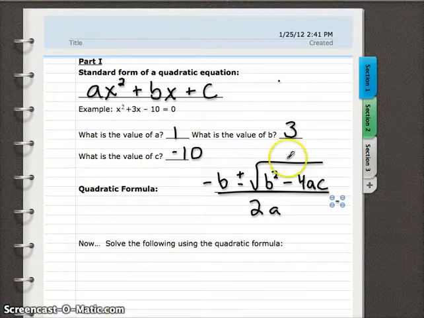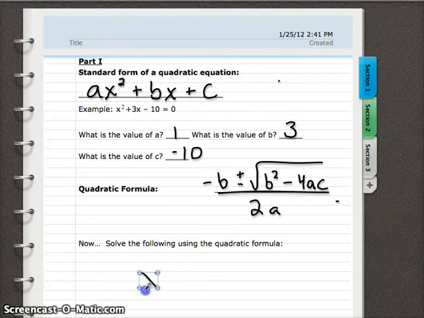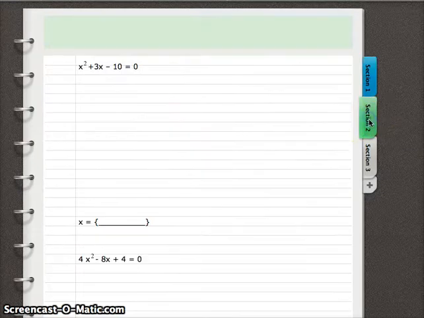Alright, so let's see if we can apply the quadratic formula and actually solve this quadratic. When we solve a quadratic, we're talking about what does x equal. Okay, we want the value of x, so we go through all this just to find out what the value of x is. Alright, so here's our first example here. We're going to substitute our values a, b, and c into our quadratic formula.